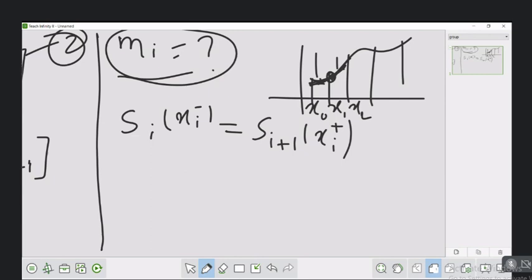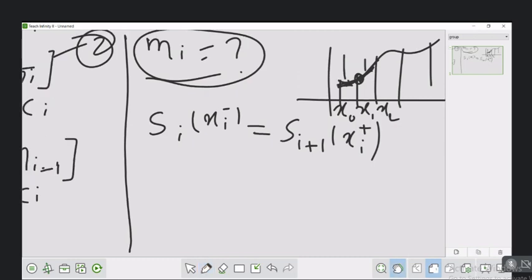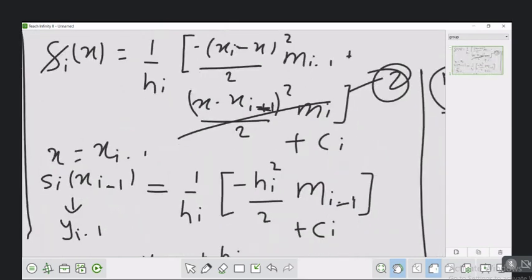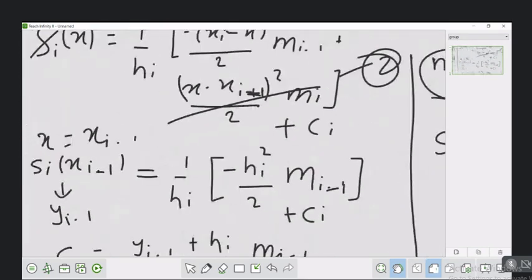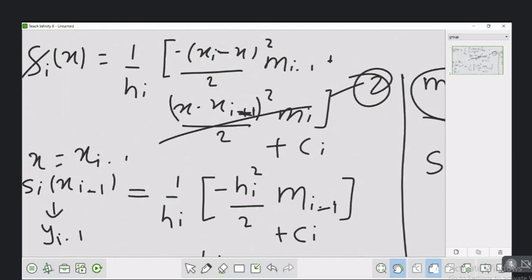Since these are polynomials, continuous, just put the value at xi in si plus 1 and si. Put the values of xi in equation 2, because we now know what equation 2 is, because we know what c is. All we don't know is m.